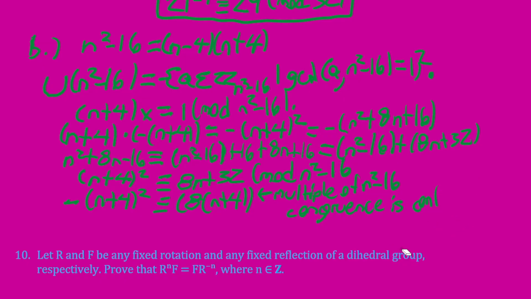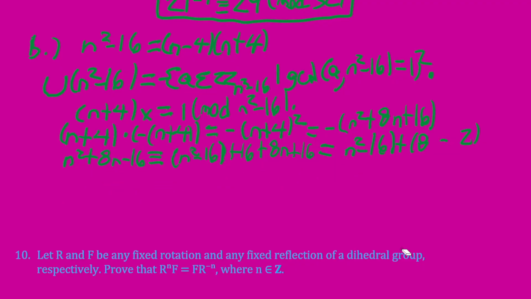So I'll just erase all this because I didn't space out these problem statements correctly, but hopefully you understand the reasoning behind this, so we will just write this out as negative n squared plus 8n plus 16 is logically equivalent to 1 modulus n squared minus 16.